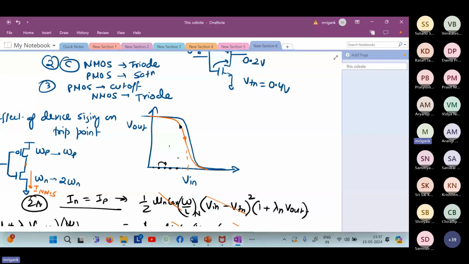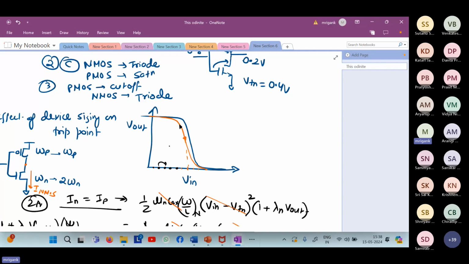So in order to keep them equal, the output voltage needs to be lower, right? Because if the output voltage is lower, then it will equate the IN and IP better, because the VDS factor for the NMOS will be lower, and for that reason the NMOS current will be getting lower as compared to the earlier case.